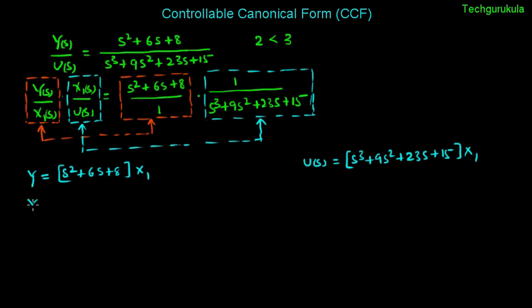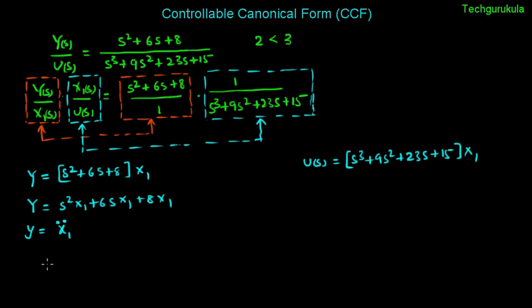So let me rewrite this. Y can be written as s squared times x1 plus 6s times x1 plus 8x1. Now I'm going to rewrite this into time domain form where y is equal to s squared times x1, which is x1 double derivative.